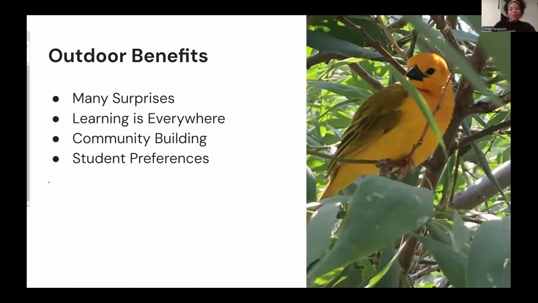So with all of this work outside, there are a lot of surprises. And I think when you go outside often, you'll realize how many surprises there are. Like with my students, they went to the same tree. Some of them were like, "Oh, look, a leaf's missing," or something like that.